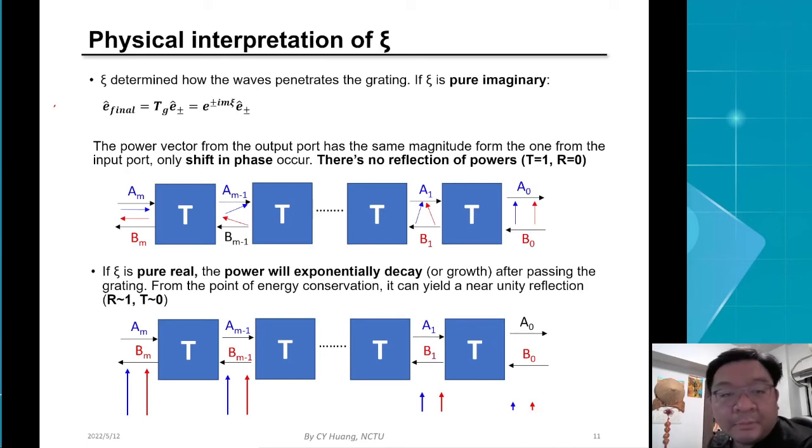Okay, let's continue. So we found that for reciprocal matrices, the eigenvalues will be reciprocal to each other, but we haven't discussed the physical interpretation.